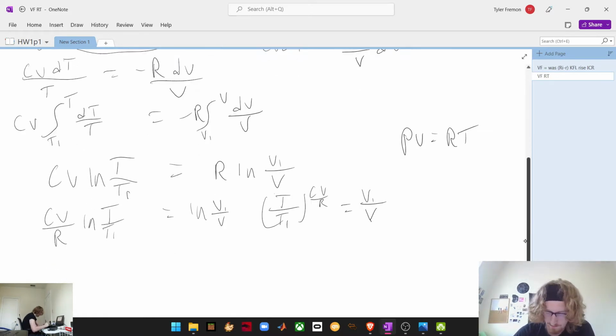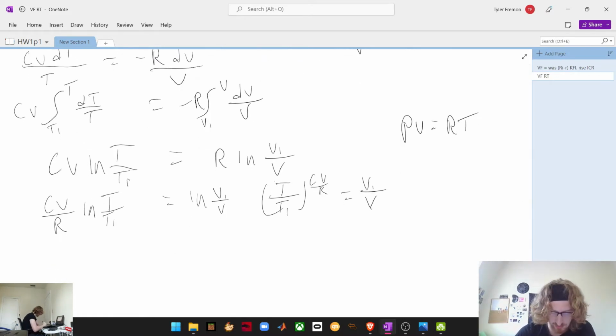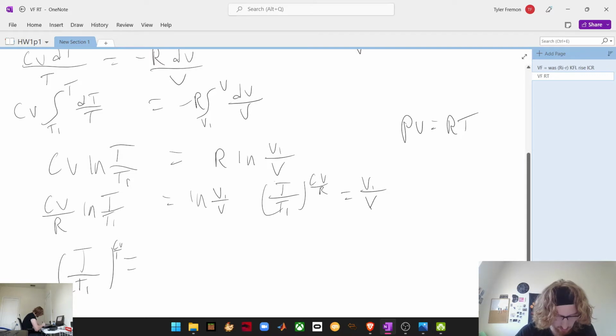And then using our ideal gas law, we can substitute in for our volume. So we have T over T1 to the Cv over R is going to be equal to RT1 over P1 over RT over P, and these R's will cancel out.